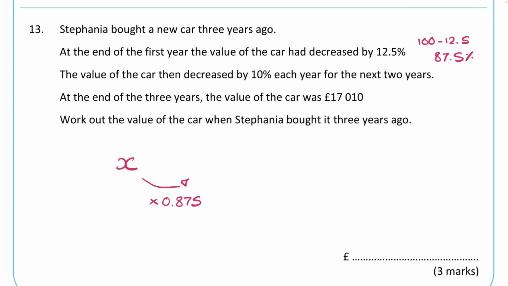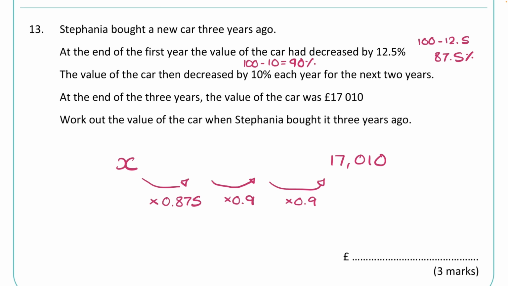So I can press 87.5%, press equals, and it gives me that multiplier. So that's what would happen in the first year. The next year, it's going down by 10%. And 100 take away 10 is 90, and the decimal version of 90% is 0.9. So we would times by 0.9. That's going to happen for another year as well. So we have another times by 0.9. And at the end of that, it says the value is £17,010.